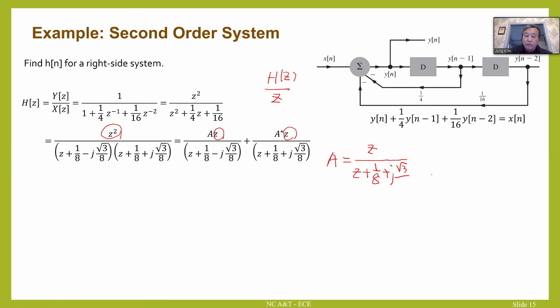Okay, plus j square root 3 over a. So far it's okay.